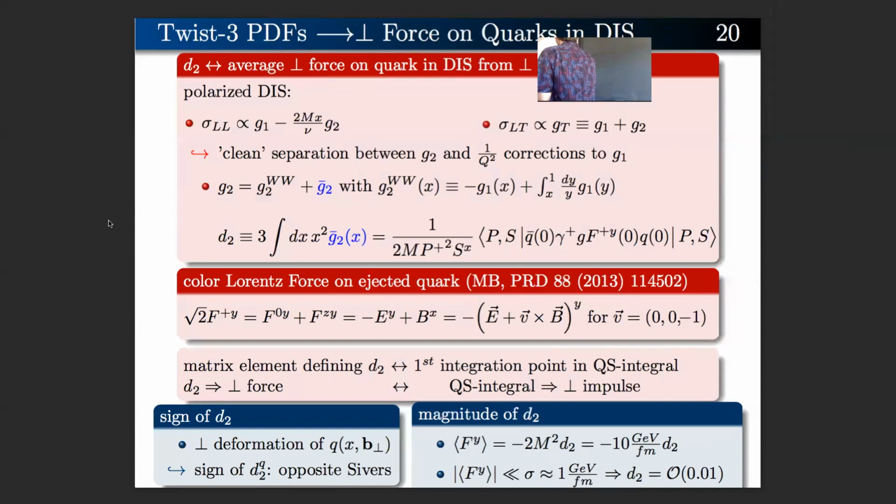And what's in here is, again, the same operator that appears in the Chu-Sturman matrix element, except evaluated locally. So it's the first integration point of the Chu-Sturman integral, which gives you, semi-classically, some information about the average force.